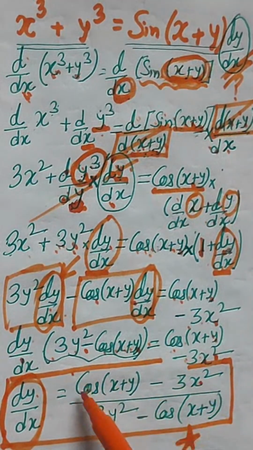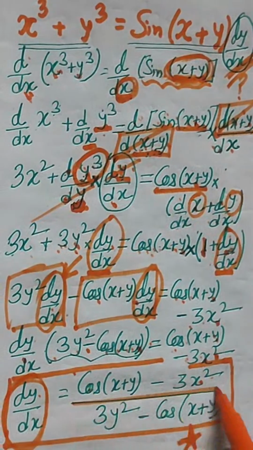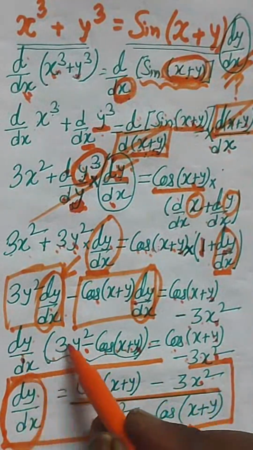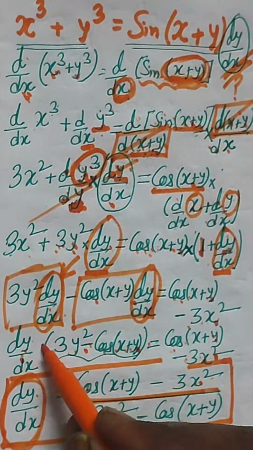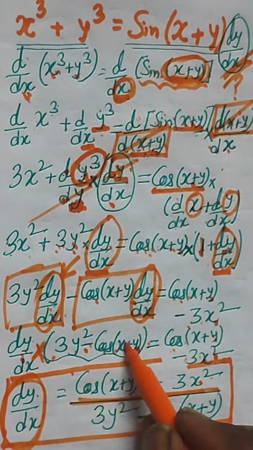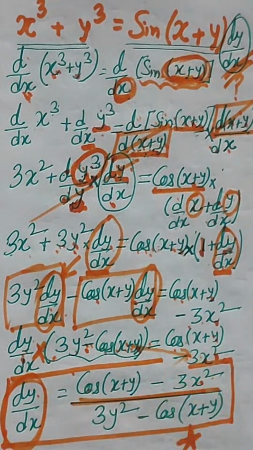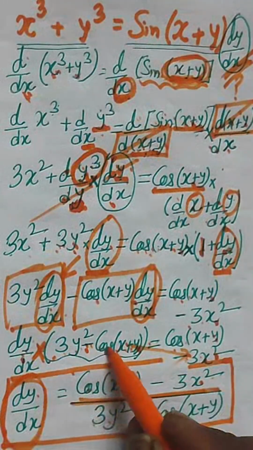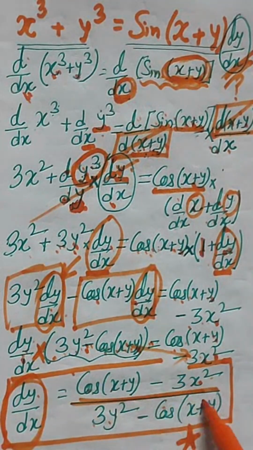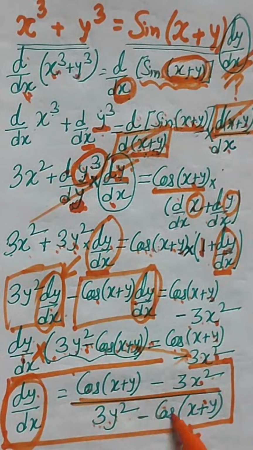That will come into the numerator, divided by the coefficient of dy by dx, the terms associated with dy by dx in the LHS, which will go to the denominator. So this will be 3y square minus cos(x plus y), coming into the denominator of the RHS.